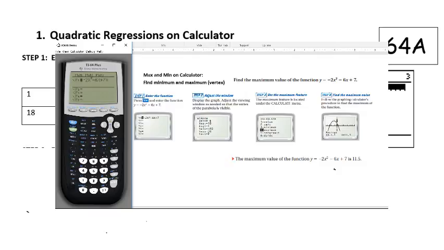Next, it says adjust the viewing window so it's visible. Our window should be okay, but we can still click on the window button and confirm that our window is wide enough to show everything. In our example, we have x min as negative 6. It can be more than the minimum, and x max is 10.